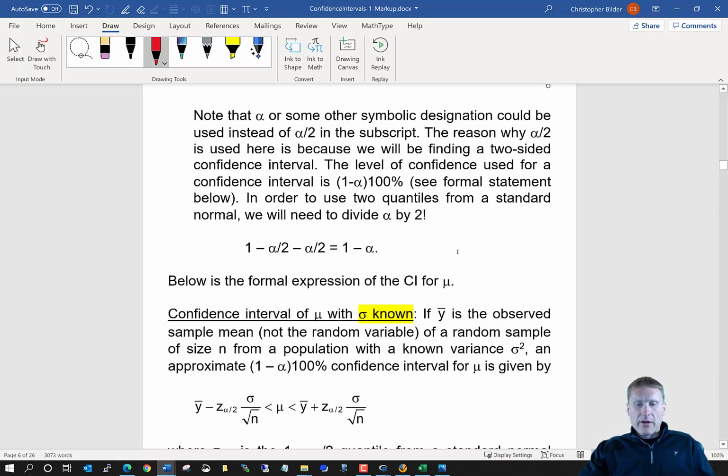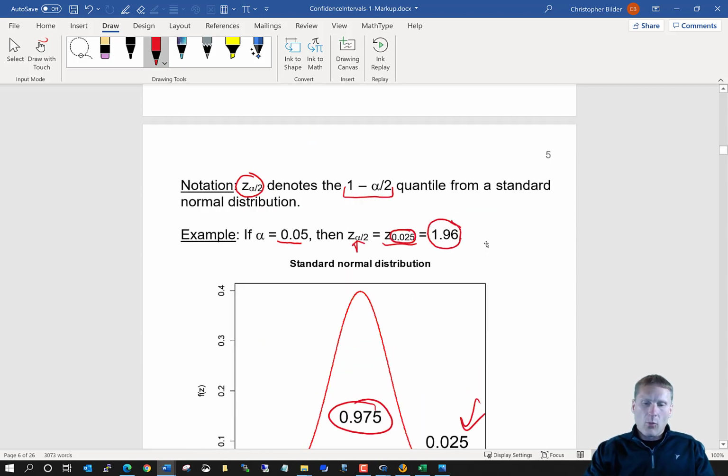Let me jump back over here in the notes. So you might be wondering, why do I put alpha divided by 2 in my subscript? I mean, just as easily I could put, let's say, z of gamma, the Greek letter, or I could have put z of c or z of u. I could have done that.